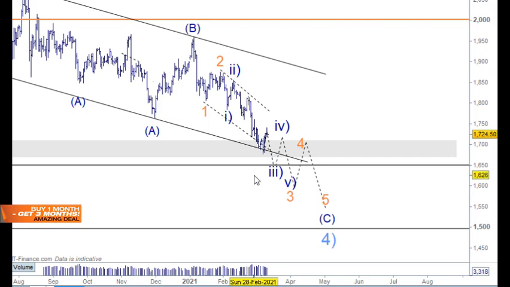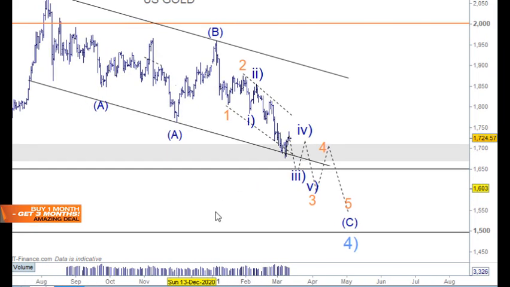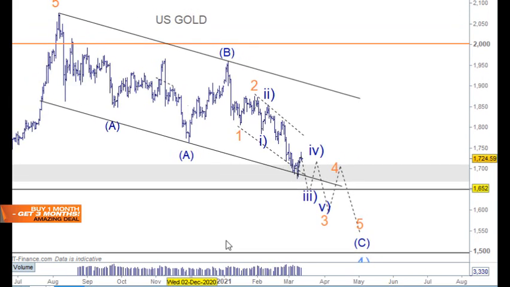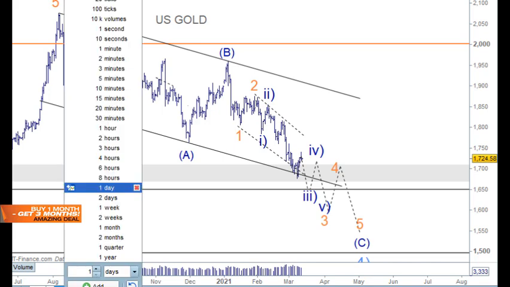It's still possible, but the little move up here appears to be sort of impulsive. So you can start to move into gold stocks, but you just need to be a little bit careful how you manage your risk and exposure in that regard.